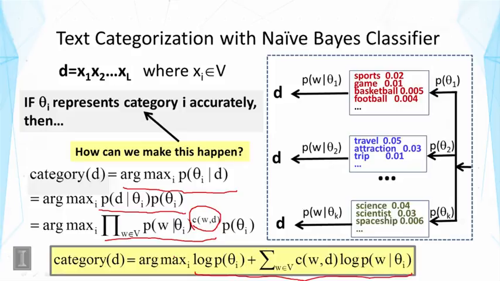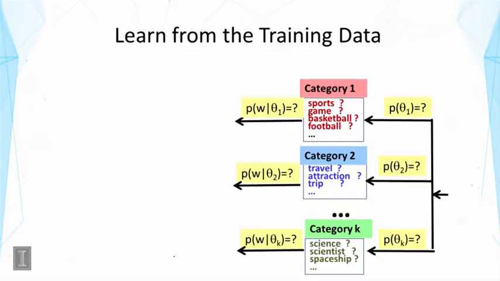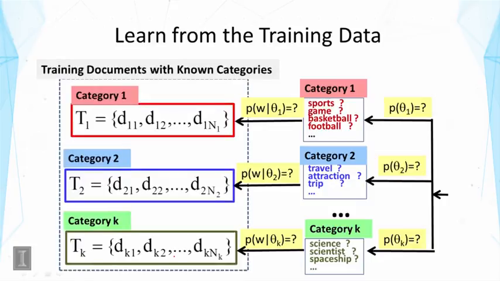Well, if you think about the question, you will likely come up with the idea of using the training data. Indeed, in text categorization, we typically assume that there are training data available, and those are the documents that are known to have been generated from which category.